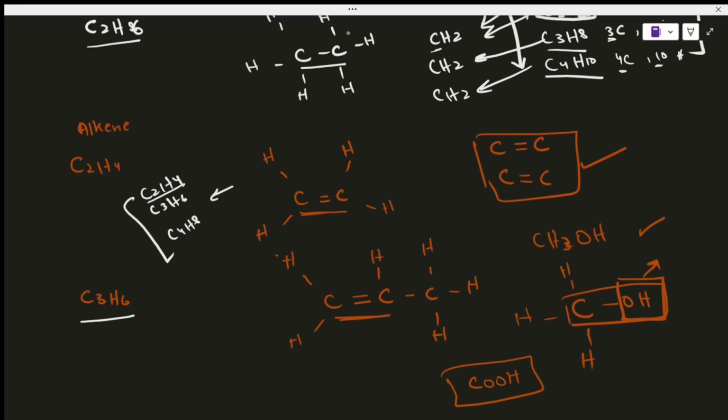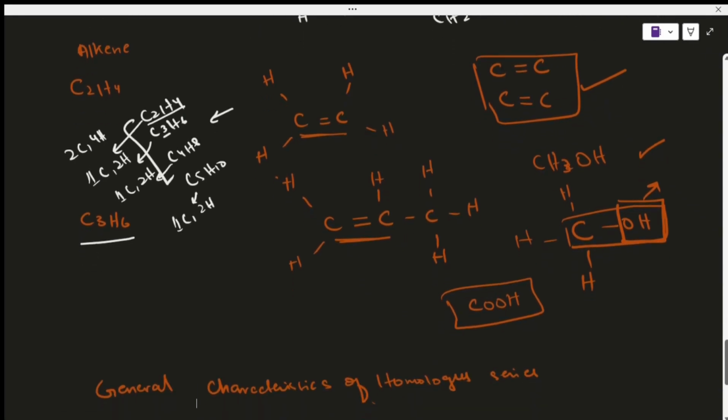Again there is an addition of 1 carbon and 2 hydrogens, again 1 carbon, 2 hydrogens. Next is C5H10, so again 1 carbon, 2 hydrogens. So in all of the homologous series, be it alkanes, alkenes, alcohols, or carboxylic acids, it's going to remain the same. As you go down the series, the next member is going to differ by an additional CH2 unit. That is what it means.